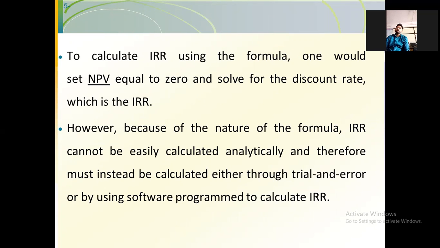The formula we use to calculate the NPV is the same formula you have to use, but you have to consider the NPV of all the cash flows as equal to 0, and only then will it be possible to calculate the IRR.